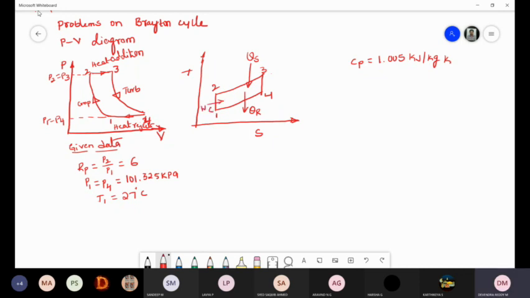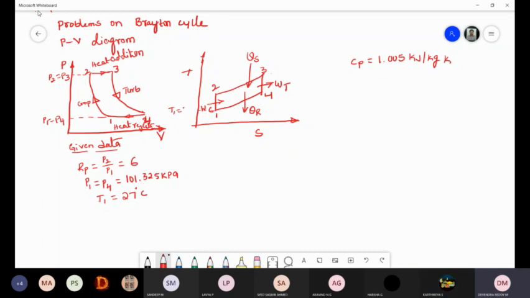This is WC and this is WT. You know the meaning of QS, QR, WC and WT, right? Yes sir. This is T1.